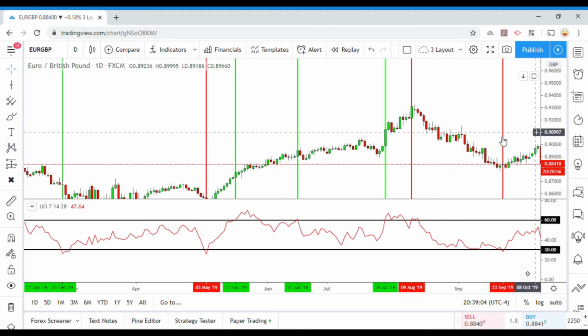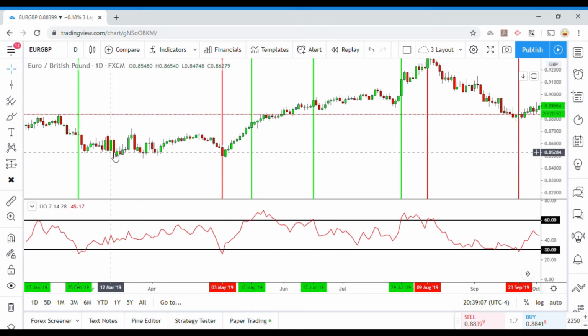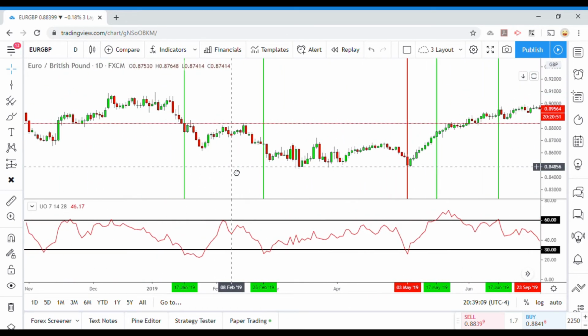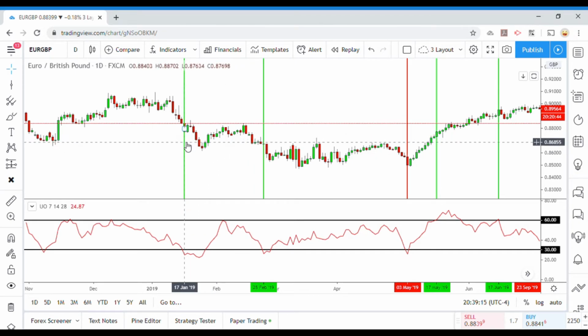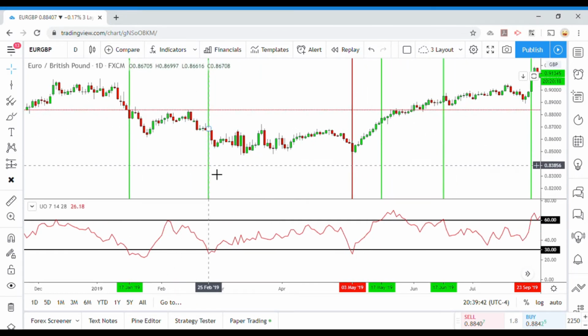Here's something that I noticed right away, and this could just be a one-off fluke, but it looks like it's happened a few times. It gave the signal to go short here. I know on my personal system, I very likely would have gotten in 2 or 3 days before that and gotten a good couple hundred extra pips out of that before this one gave me the signal to then go long.